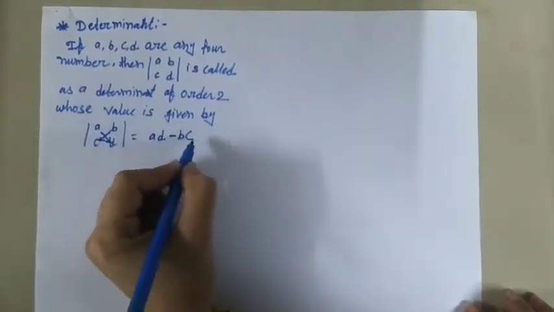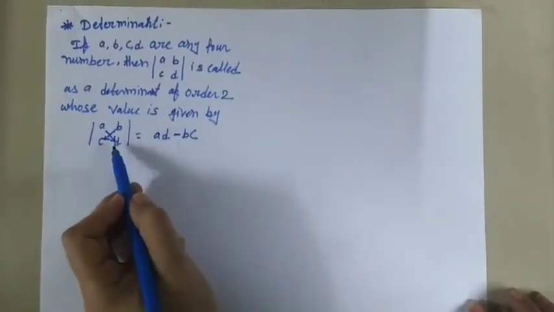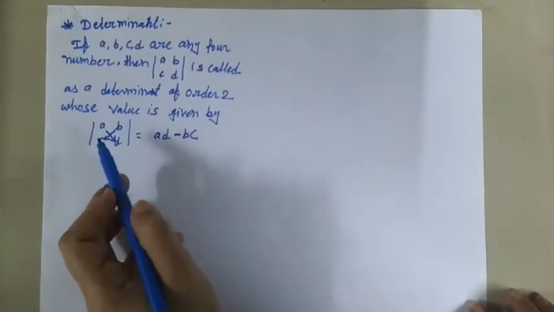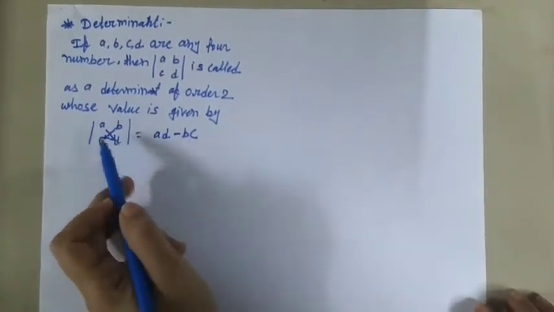The order of this determinant is 2, with 2 rows and 2 columns.